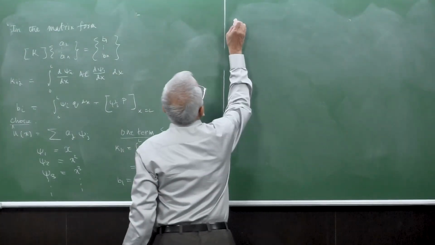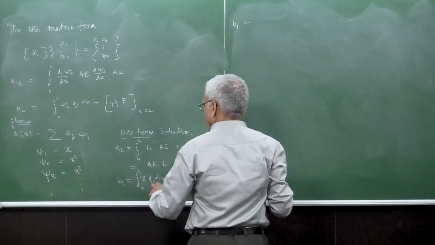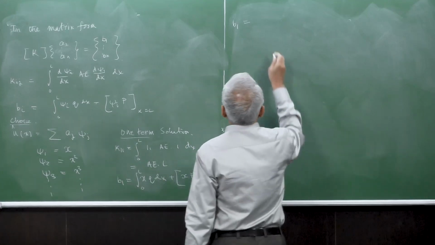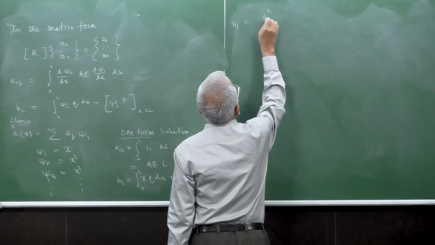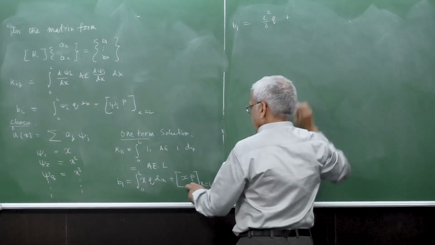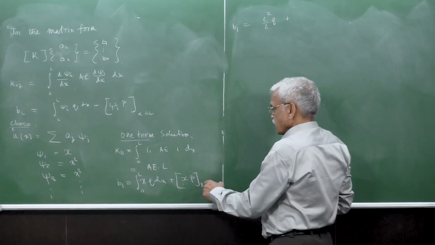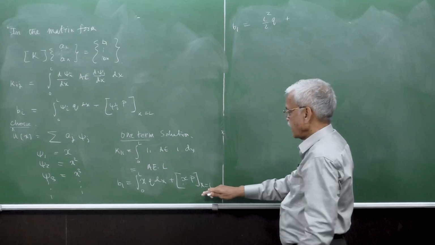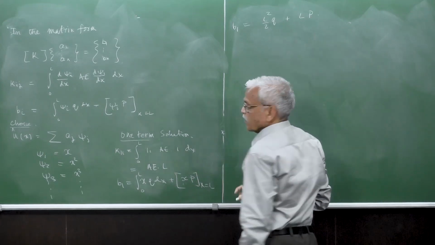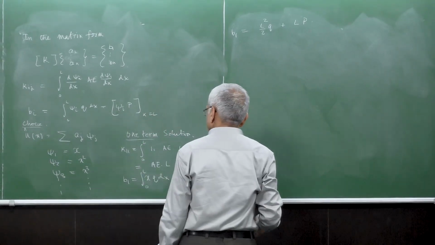So B1, if you continue, so B1, if you take q to be constant, so you can take x squared by 2 times q, and here this x into p, x was psi 1, and then this whole thing needs to be evaluated at x is equal to L. So it is simply L into p. Okay. So this is what the one-term solution is.